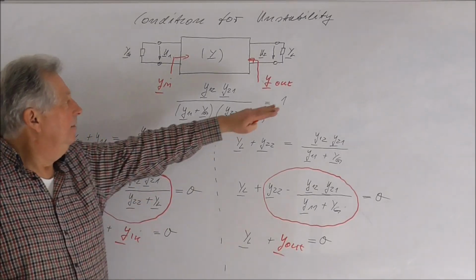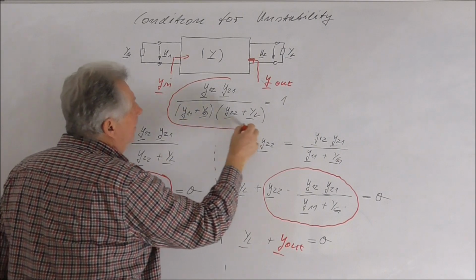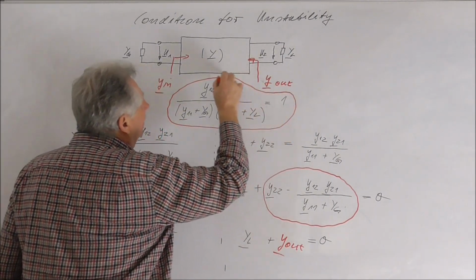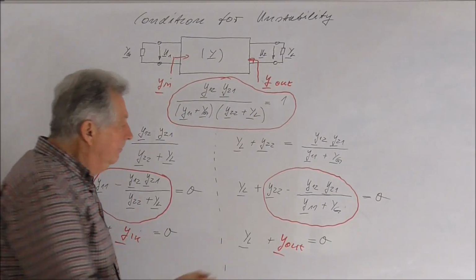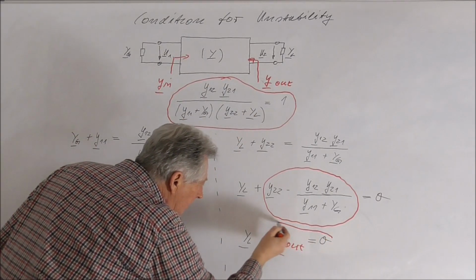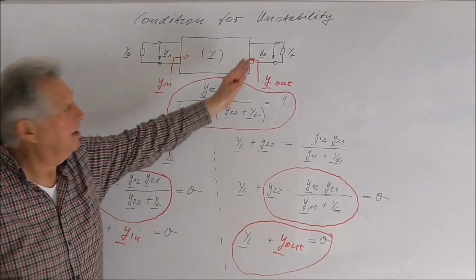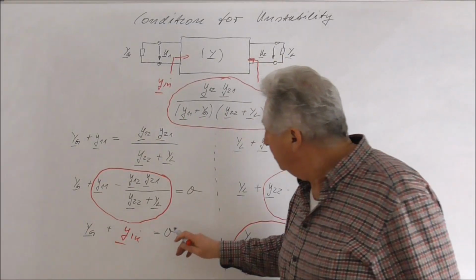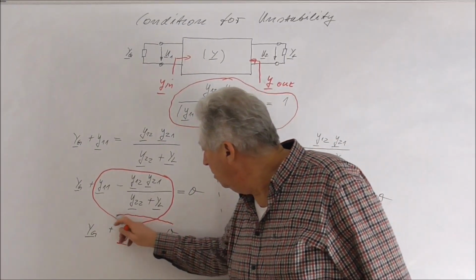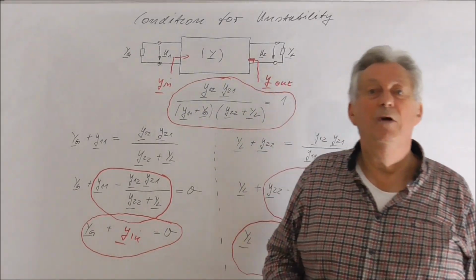So we can see that this condition here for the transistor to be unstable is equivalent to this condition here, that the whole admittance at the output vanishes, and also to this condition that the whole admittance at the input vanishes.